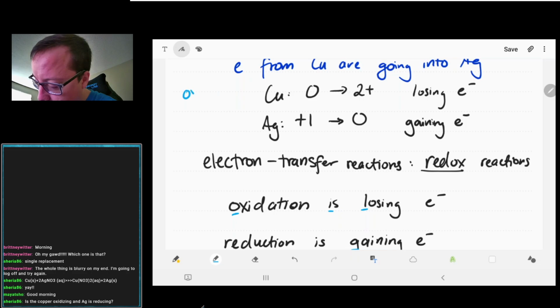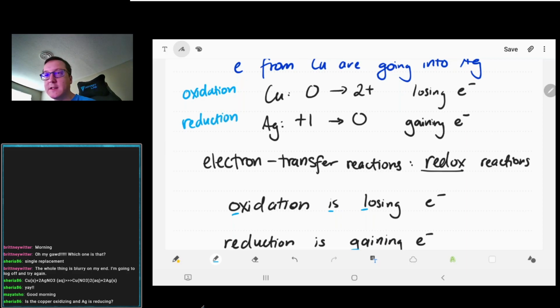So oxidation is what's happening to our copper. And our silver is being reduced because it is gaining electrons. Notice we do have both processes happening. The copper is being oxidized and the silver is being reduced.